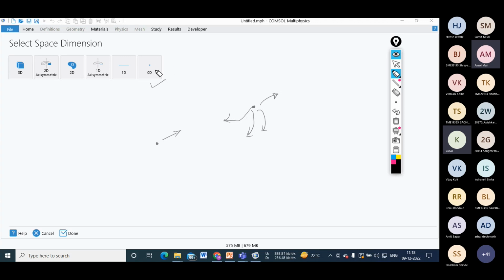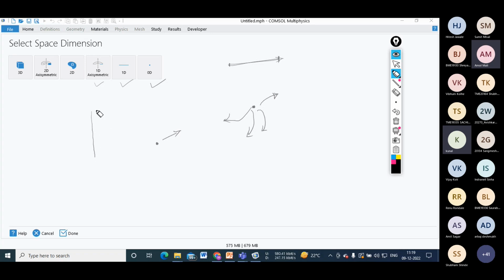In such problems you can use 0D elements. If your problem is simple and has a single degree of freedom only in the x direction, then you can use 1D. Axis symmetric means the problem or application is symmetric about the axis.